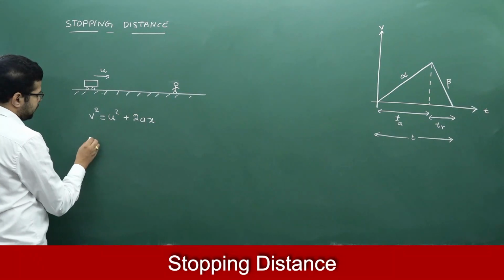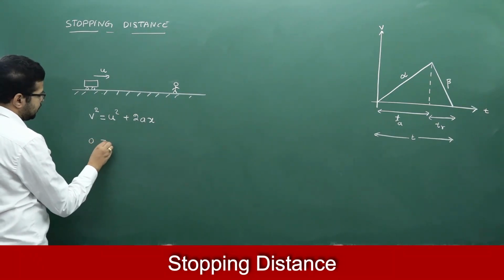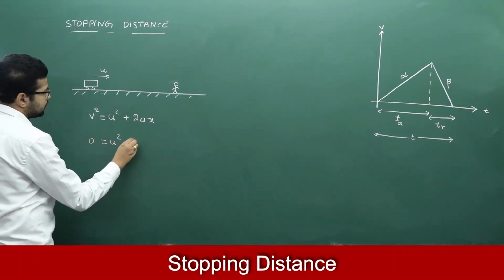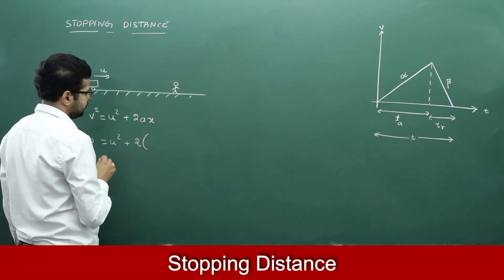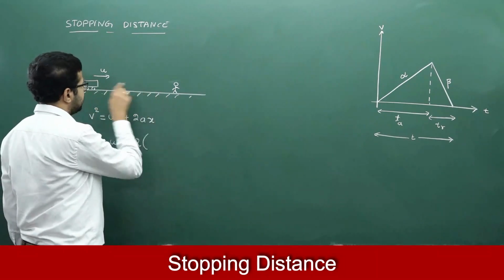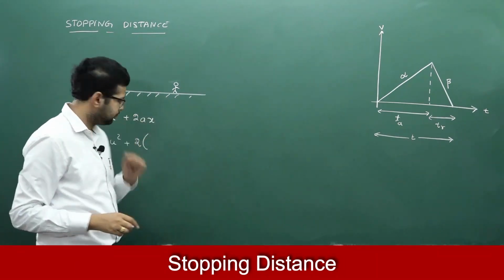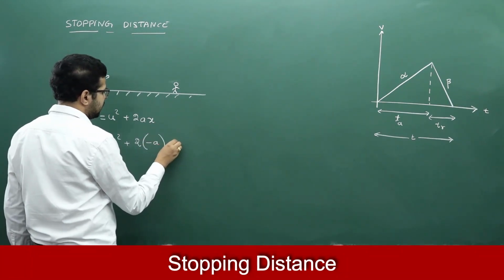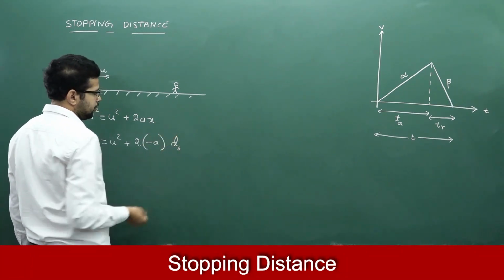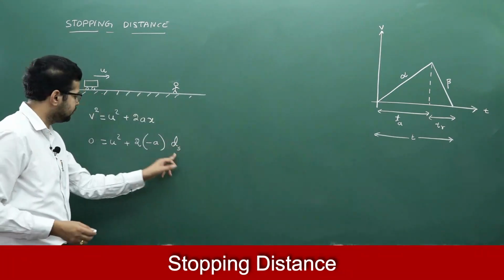Now what happens to this equation? Final velocity is 0, initial velocity is u, so 0 equals u square plus 2 into acceleration, which is negative, correct, because it is retardation, negative acceleration, speed is decreasing. So minus a into distance travelled x. Distance travelled I will write as ds, because at the stopping distance final velocity is 0.